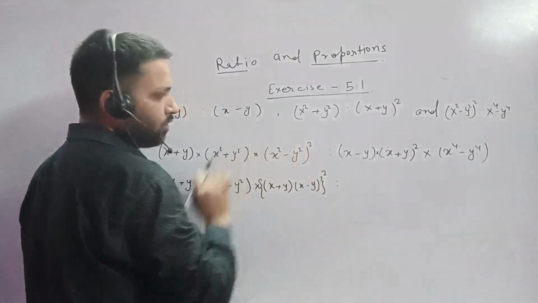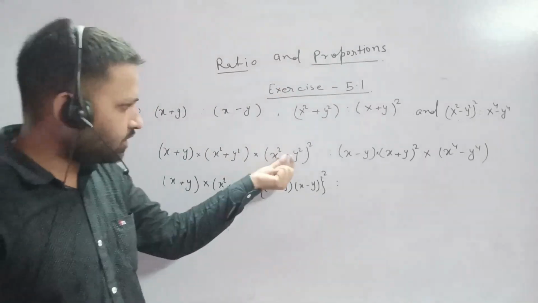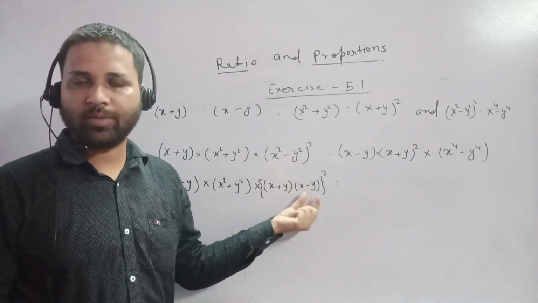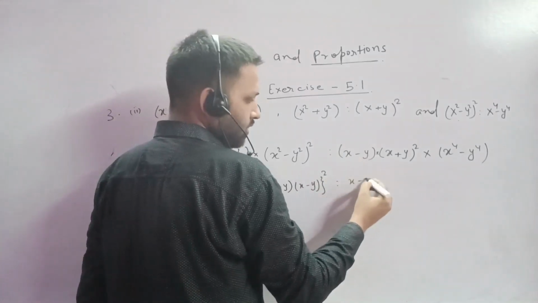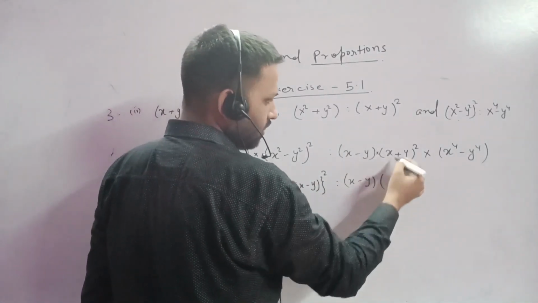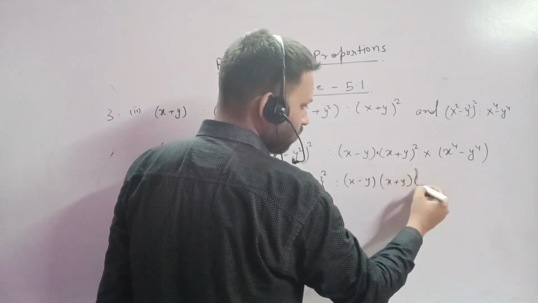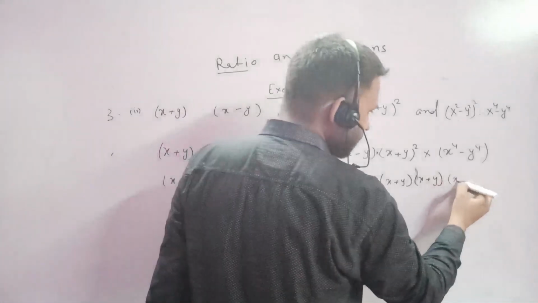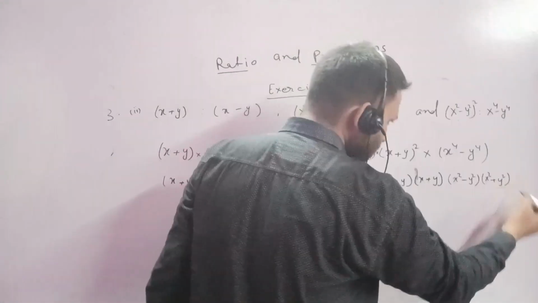This is the formula of a square minus b square.